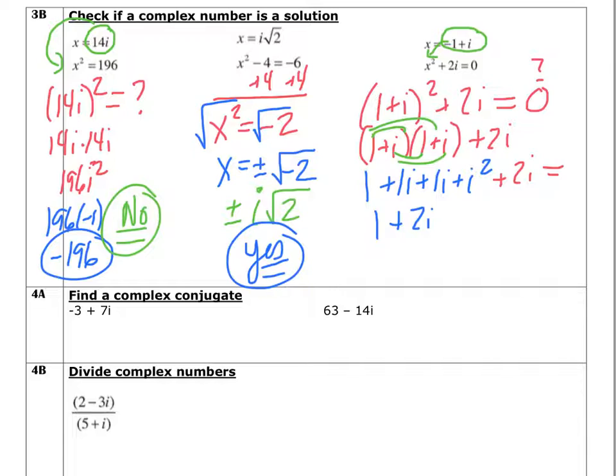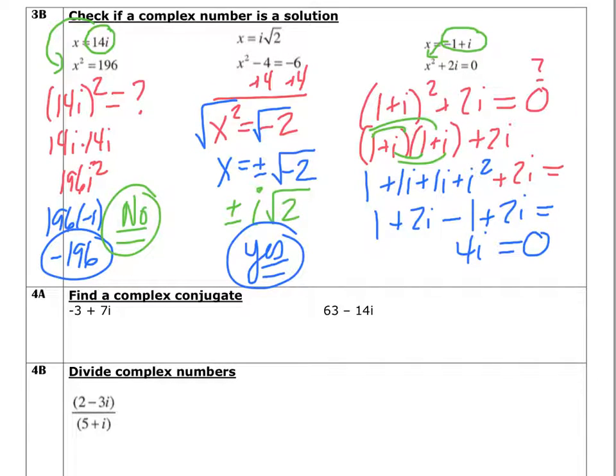So I'm going to change this to a minus 1. And then there's a plus 2i right there. Now what happens is I have 1 minus 1 is 0. And then I have a plus 2i plus another 2i, which is going to give me 4i. So this would say 4i. However, be careful. They're saying this should equal 0.